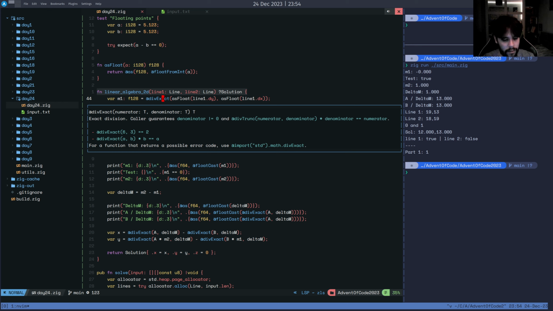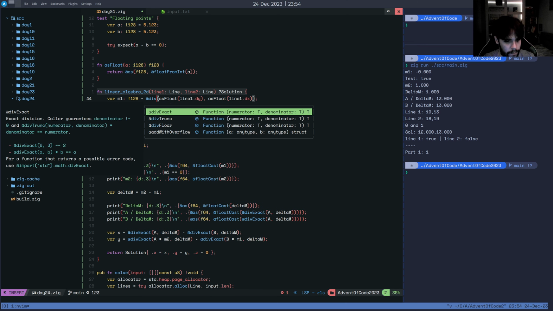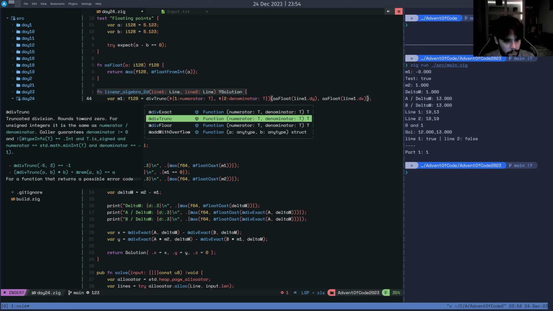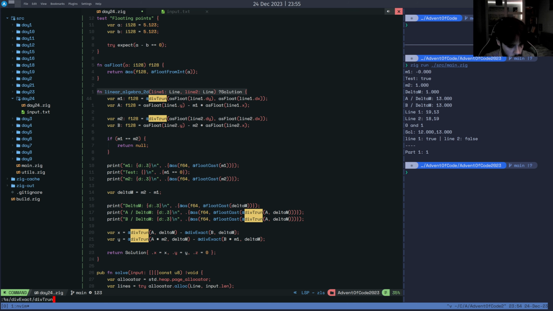For a function that returns... Exact division. Call it guarantees denominator not equals 0. Oh wait. It's just a function that we're just messing up brutally. Div exact to div trunc?